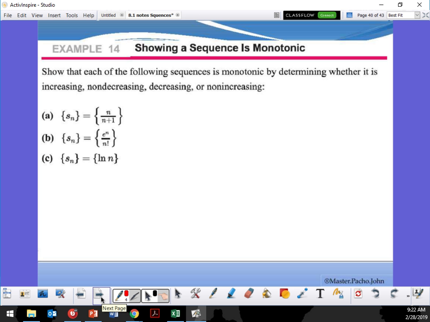So this is going to turn into s of n plus 1, which is e to the n plus 1 over n plus 1 factorial over e to the n over n factorial. Okay, I'm going to do some creative math here.